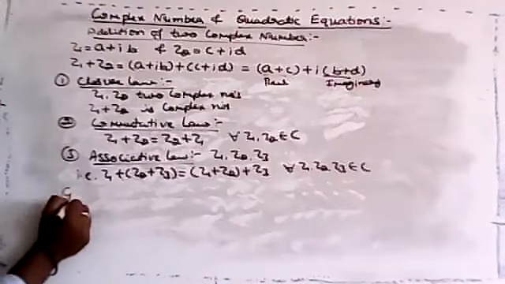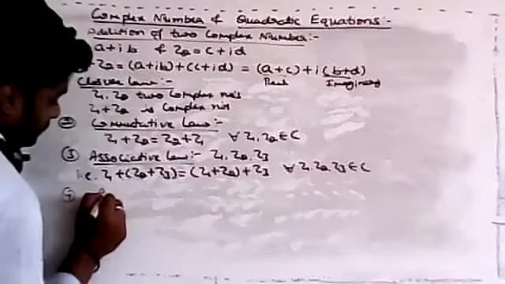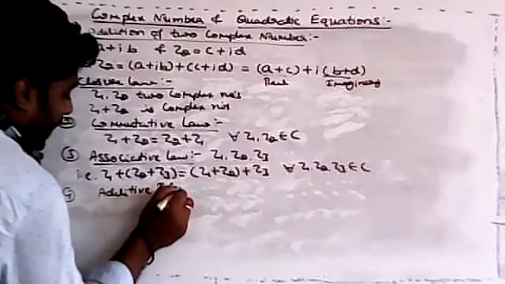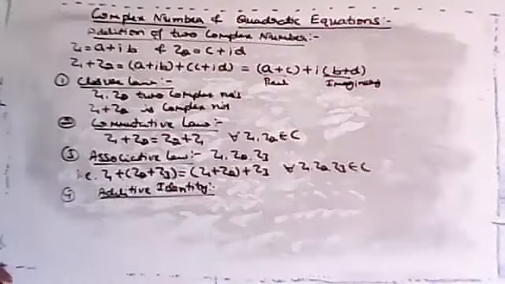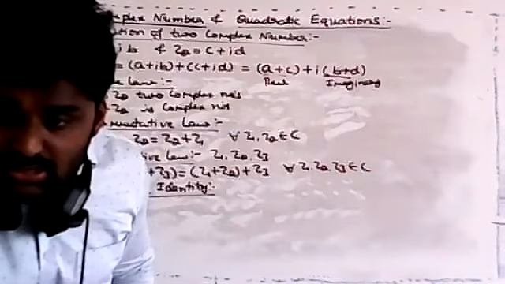After that, the fourth one is additive identity. I think you have already studied commutative, associative, all these things. How can we write the additive identity?